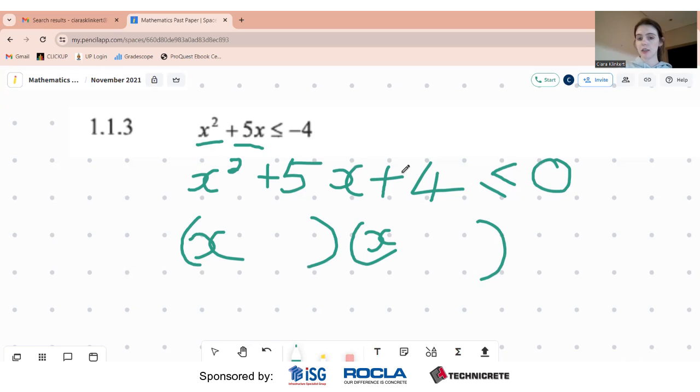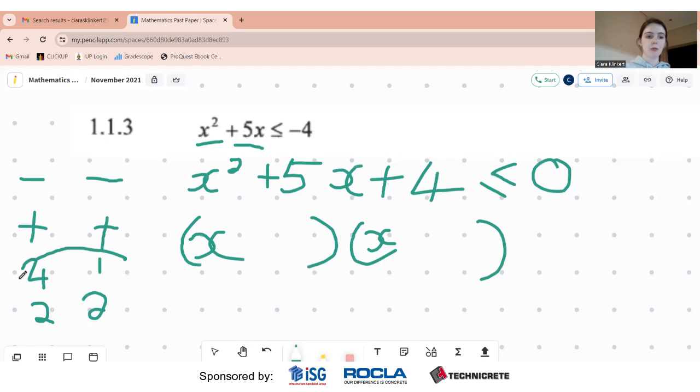For our constant term is positive, which means we either have a negative term multiplied by a negative term or a positive term multiplied by a positive term. And the factors of 4 are 4 and 1 and 2 and 2. What combination is going to give us 5? Well, I can see immediately that 4 plus 1 is going to give me 5. So I should have plus 4 and plus 1. Okay.